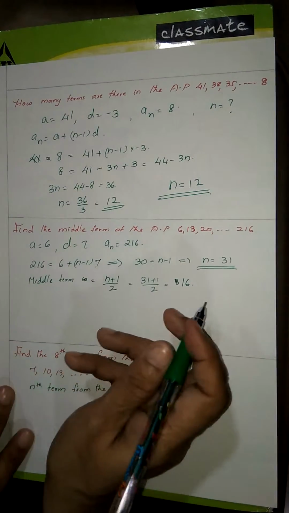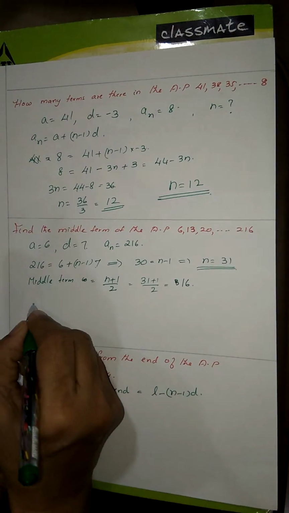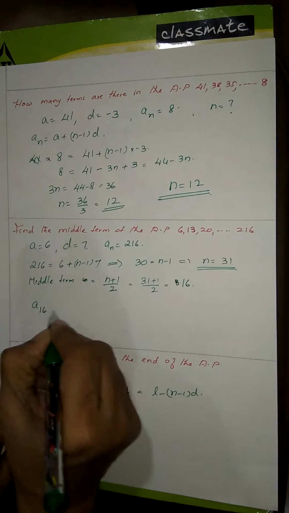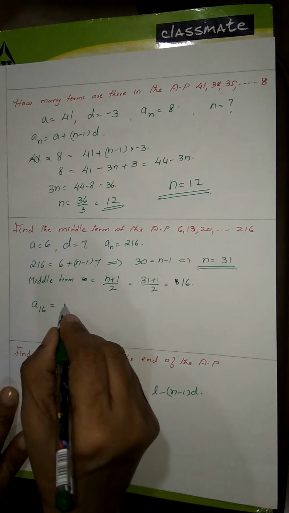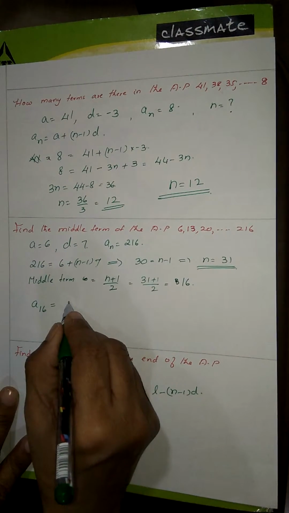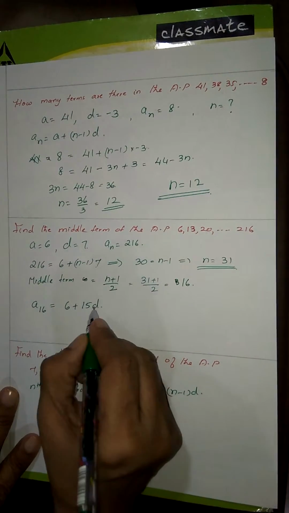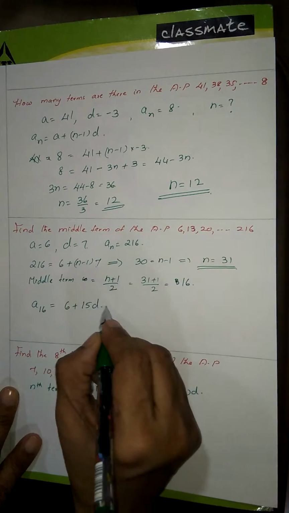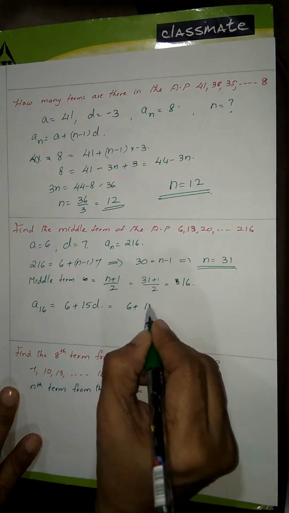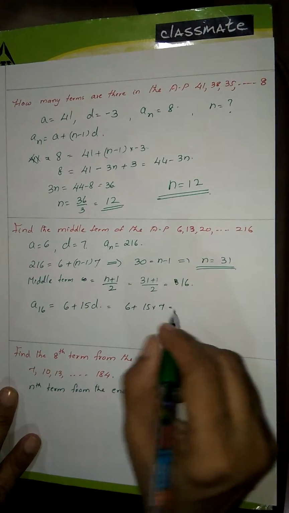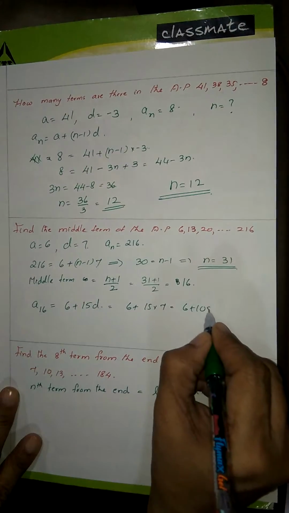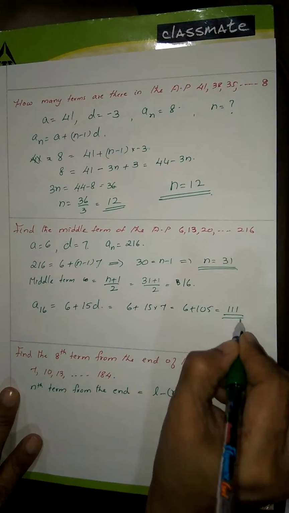Now you have to find the value of the middle term. So now you have to find a16, that is equal to a plus 15d. 15d, d is 7, so 15 into 7. So 6 plus 105 is equal to 111.